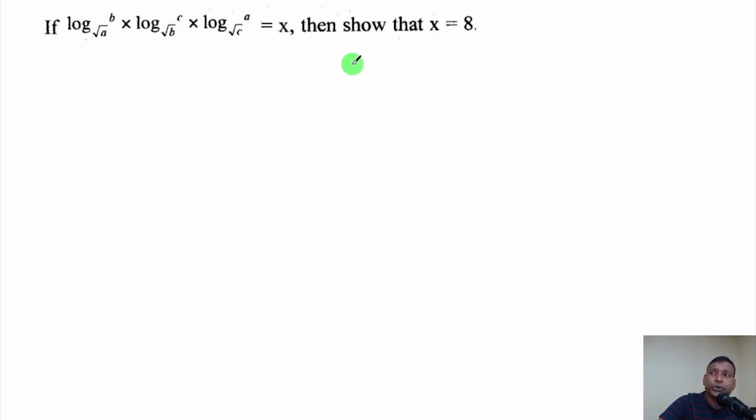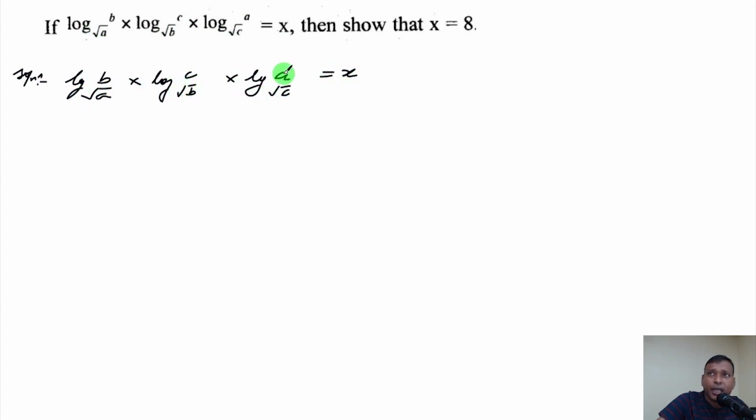So here we have to show x equal to 8 if log b to the base root a, log c to the base root b, a to the base root c equal to x. So let's write this first. In logarithm problems, we always try to make the log and base equal as far as possible.